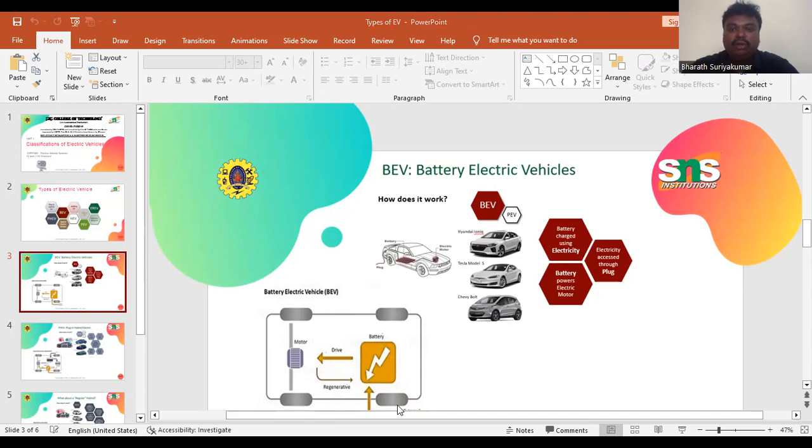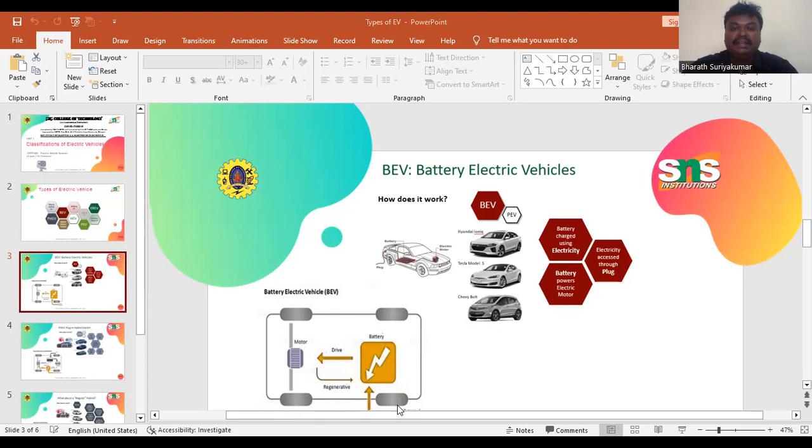What is this BEV all about? BEVs are purely electric vehicles that rely solely on a battery to power an electric motor. They do not have any internal combustion engine and produce no emissions. The battery is charged through a plug-in charger and can provide a range of several hundred miles on a single charge, depending upon the battery size and the vehicle.